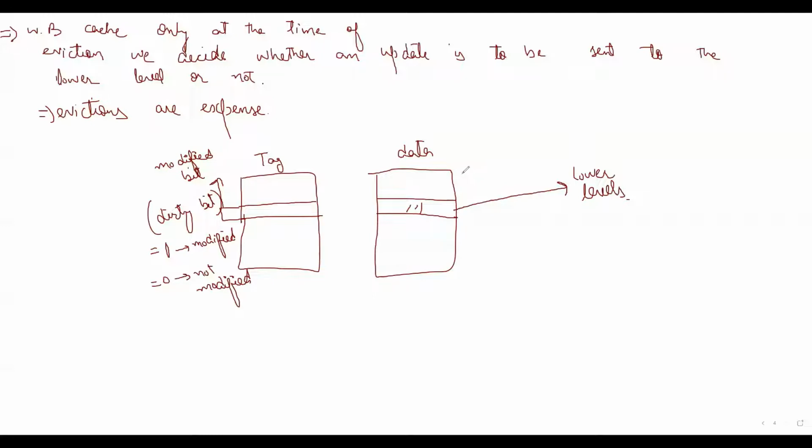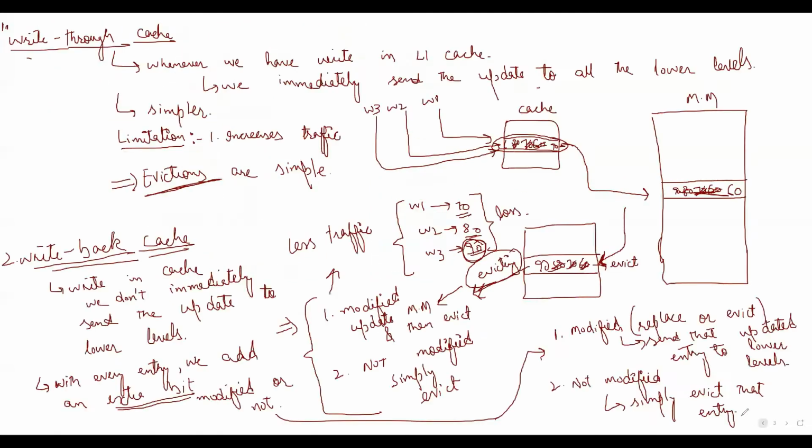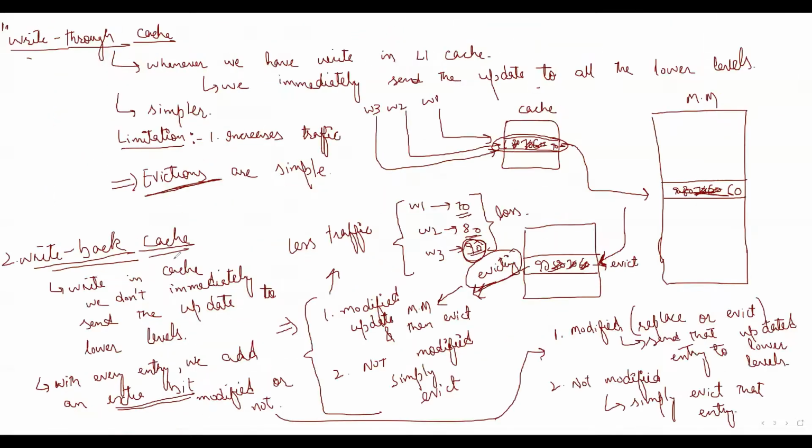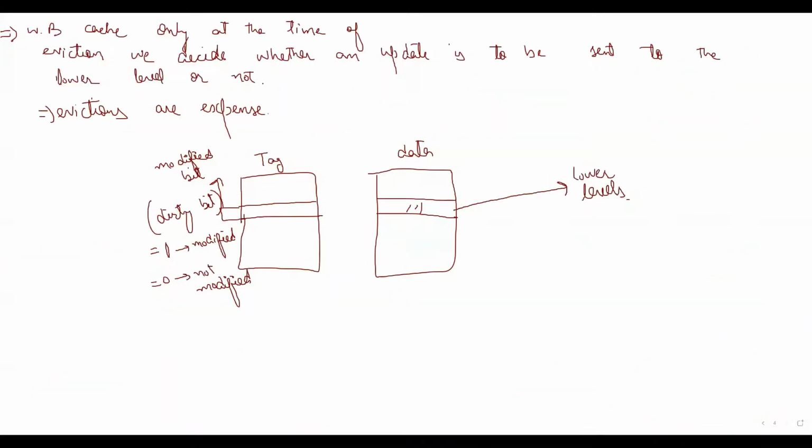Okay, so these were the two types of caches depending upon the type of write operation. We have a write through cache and a write back cache, and both have their limitations and advantages. So this was the second operation.